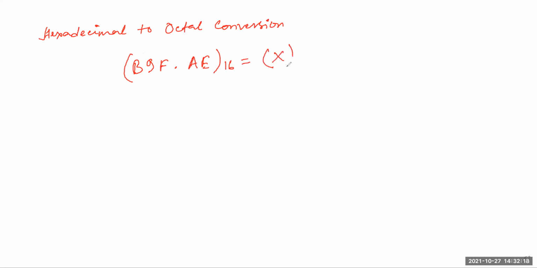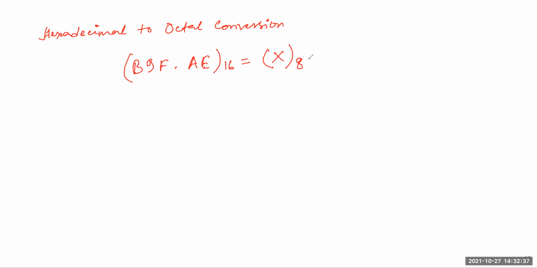Now I want it in base 8, octal. So first your aim is to convert this hexadecimal number to a binary number. From binary, then you have to convert to the octal number.